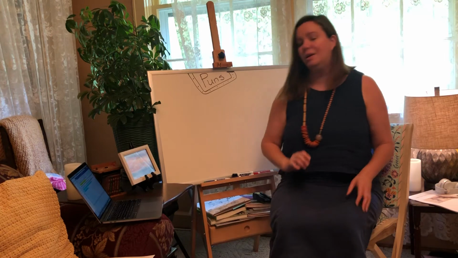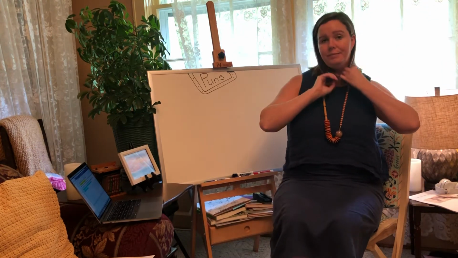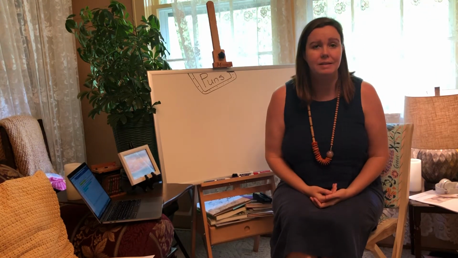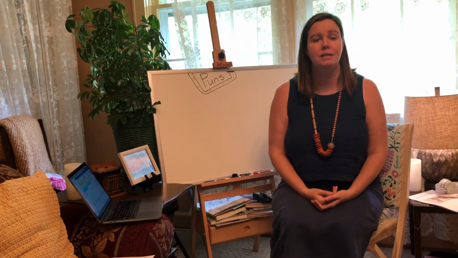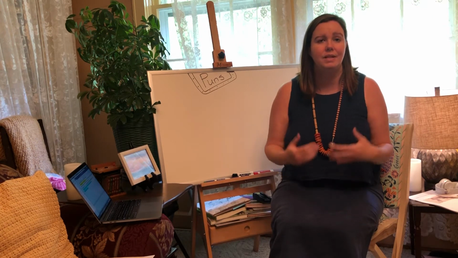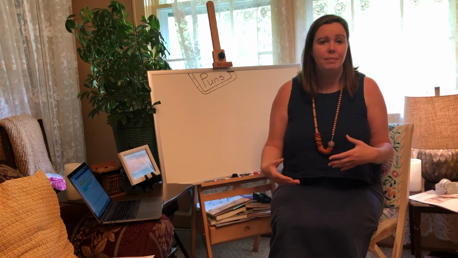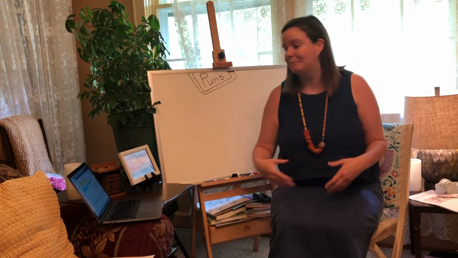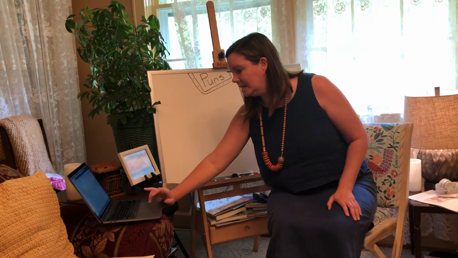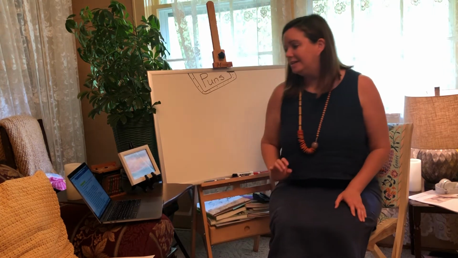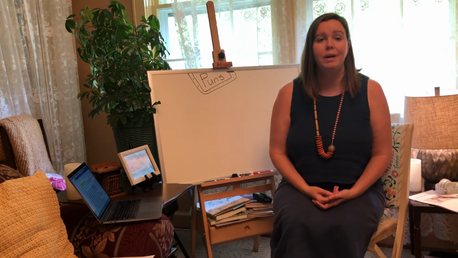And also, on that same day last week, we learned about onomatopoeias. Onomatopoeias are words that actually make the sounds that they say or they express, like pop, boom, bang, boing, zing, zip. Today we're going to learn about puns.